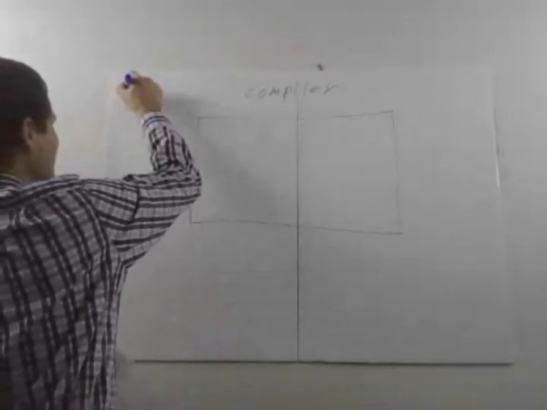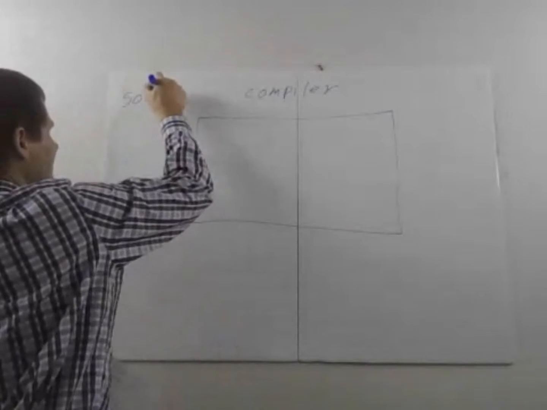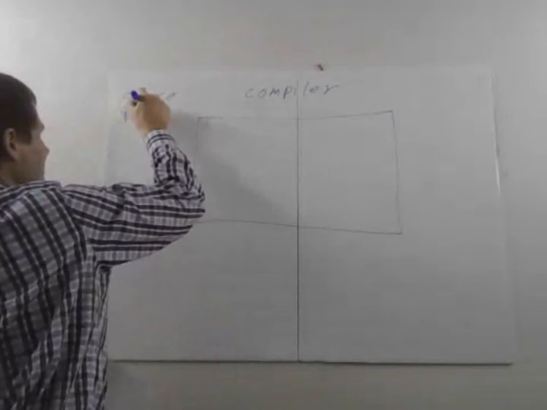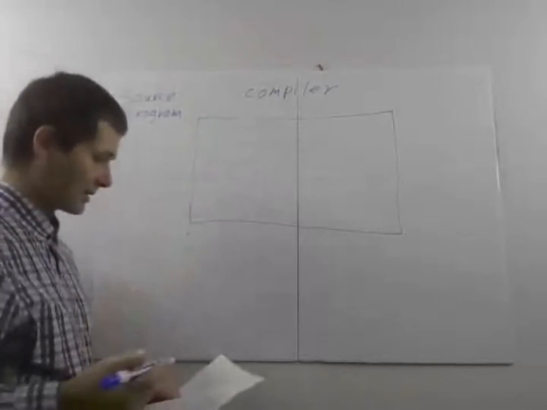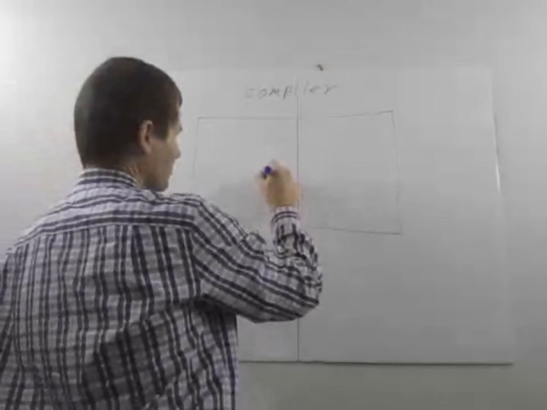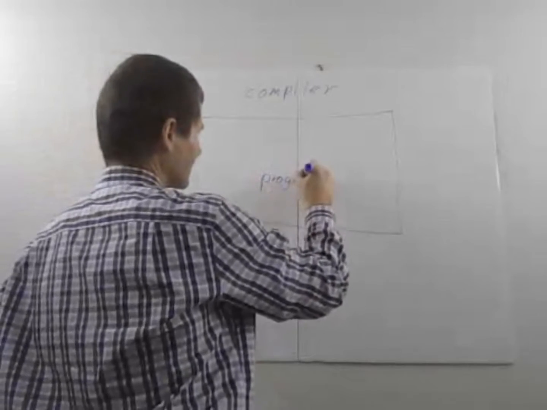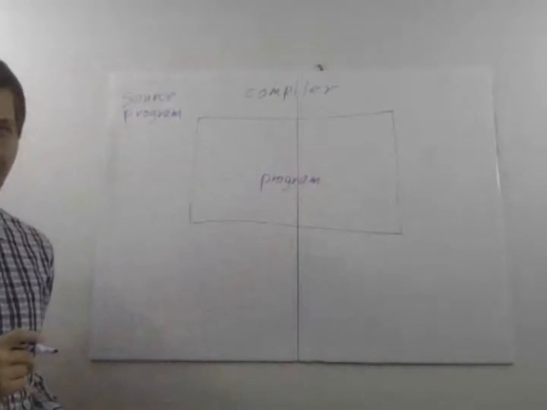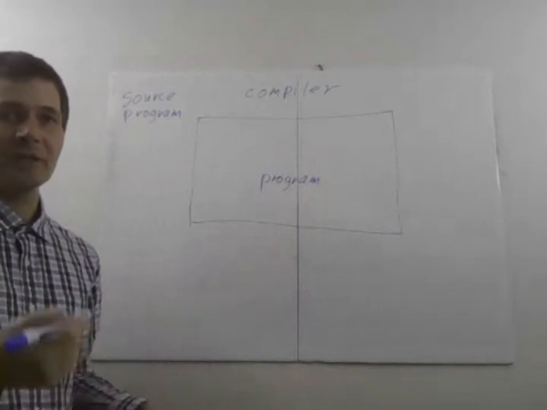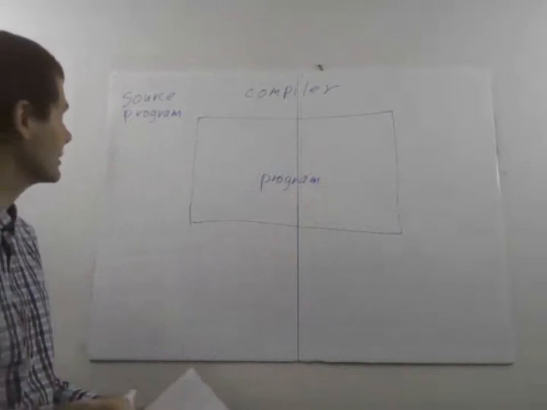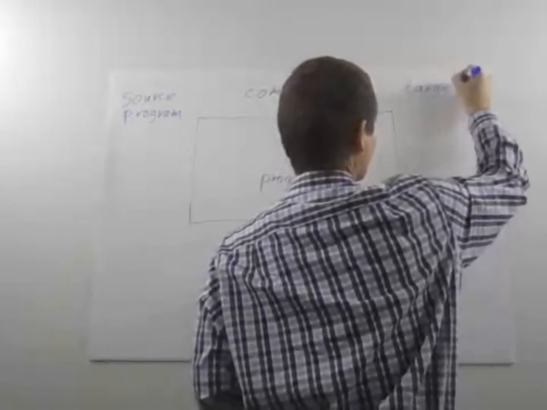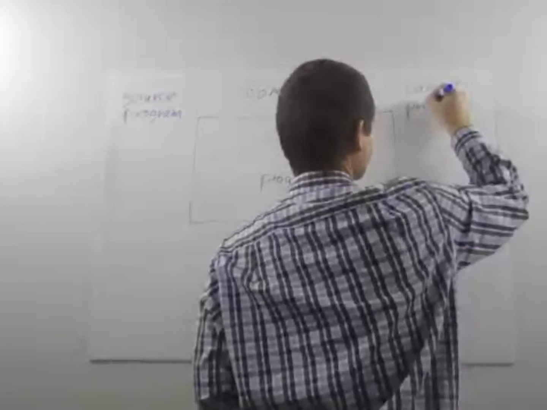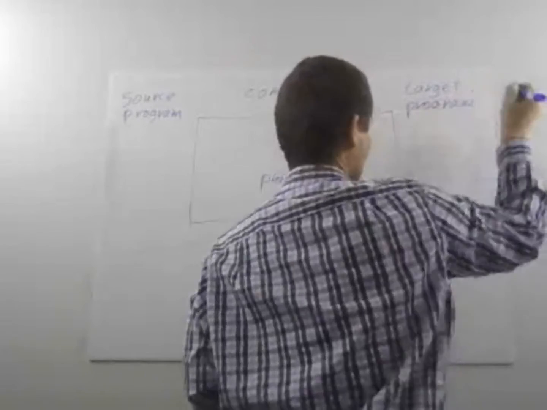The input to my compiler is a source program in some source language. And then my compiler is itself a program. The output of the compiler is a target program, a program in a different language.